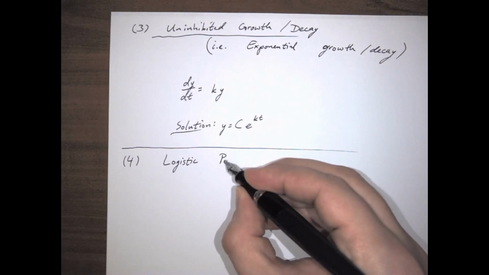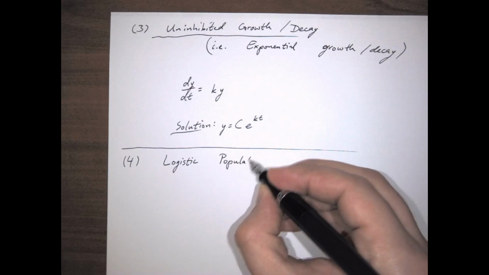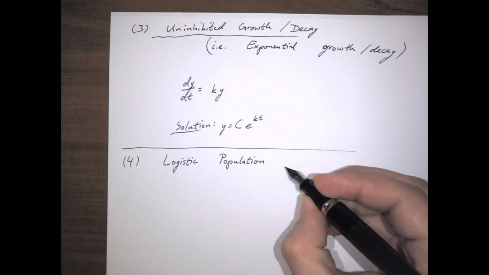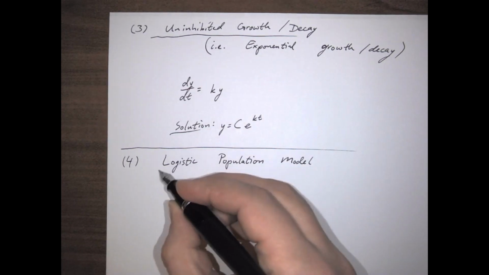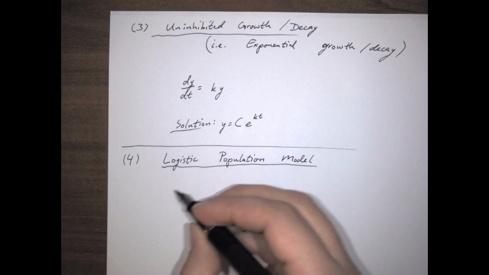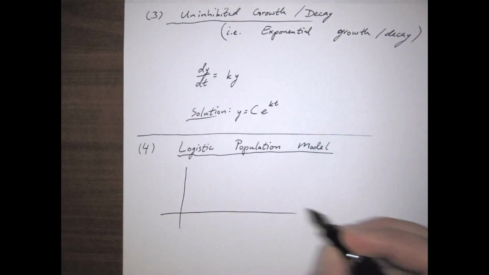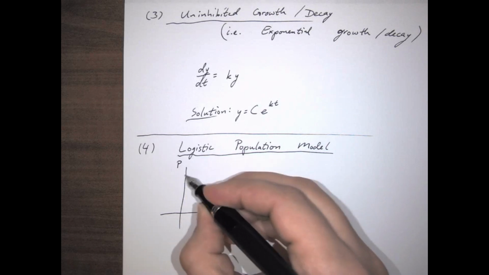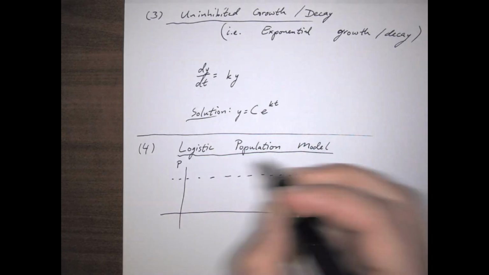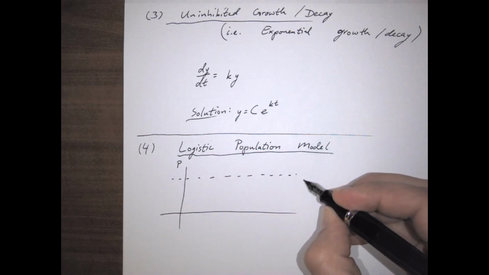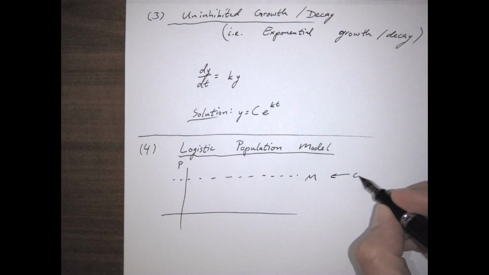We'll look at this a little more later, but the logistic population model has the population, and then a certain maximum threshold of sustainable population. This is called the carrying capacity.